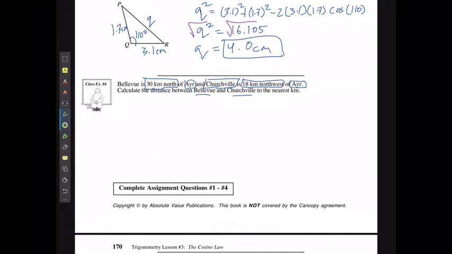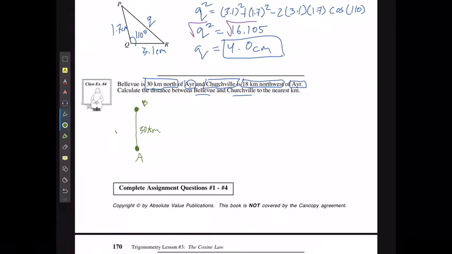I'm going to have the point A to represent Air. Bellevue is 30 kilometers north, which would be straight up.